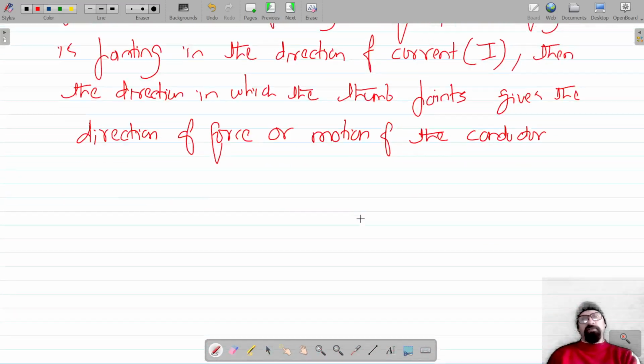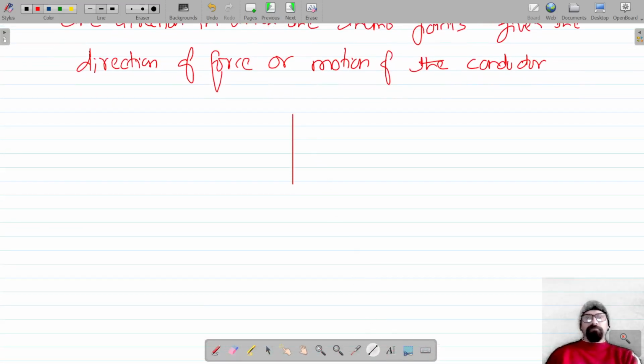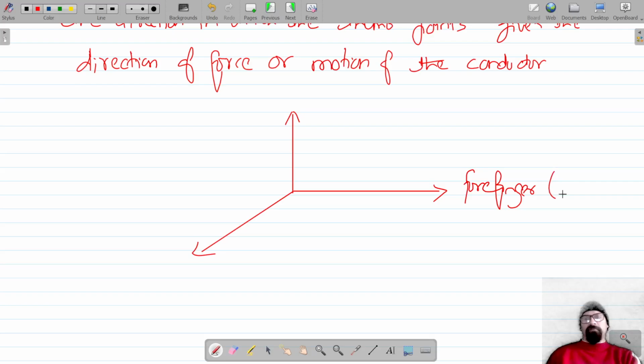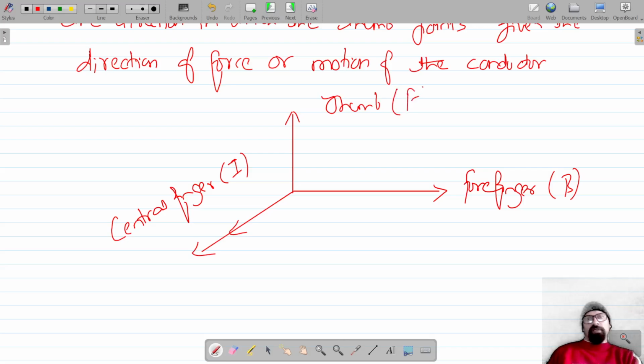So this is Fleming's left hand rule. That means you have to stretch your forefinger, central or middle finger, and the thumb of your left hand mutually perpendicular to each other. The forefinger gives the direction of the magnetic field, B, the middle finger gives the direction of the current, and the thumb gives the direction of the force, all mutually perpendicular.